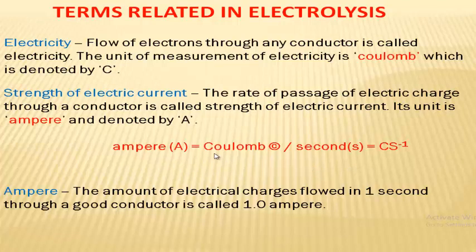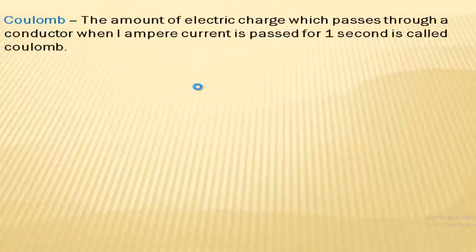And also we can define coulomb from this relation: the amount of electric charge which passes through a conductor when 1 ampere current is passed for 1 second is called coulomb. So if we remember the relation ampere equals coulomb per second, we can easily define ampere and also coulomb.